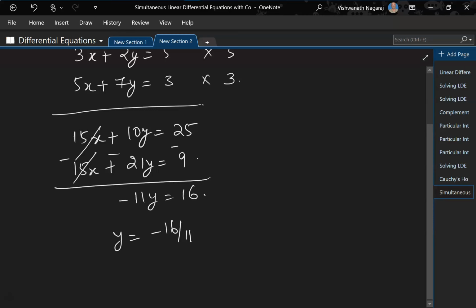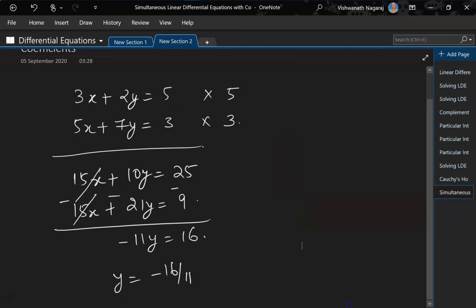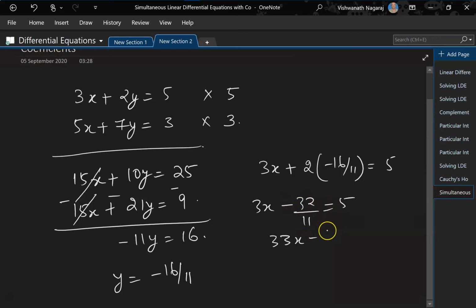And then we substitute this y into any one of these two equations. So we say 3x plus 2 times minus 16 by 11 is equal to 5. 3x minus 32 by 11 equal to 5. 33x minus 32 is equal to 55. 33x is equal to 55 plus 32, which is 87.